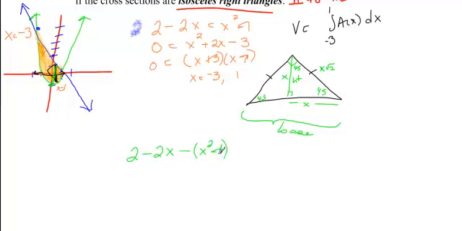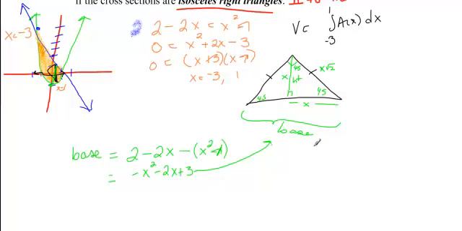That's a negative 1. That is the length of the base. And that would simplify down to negative x squared minus 2x plus 3.